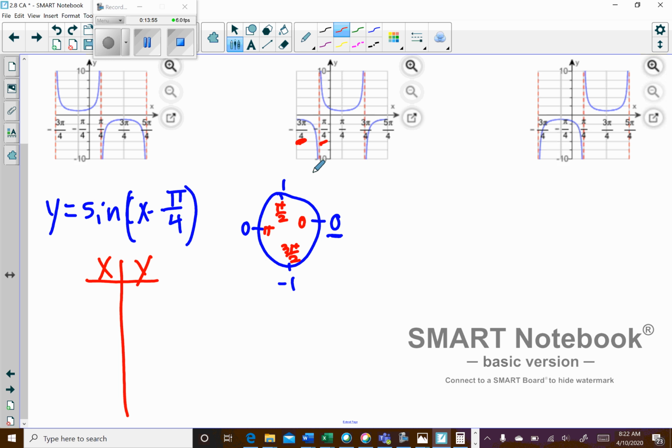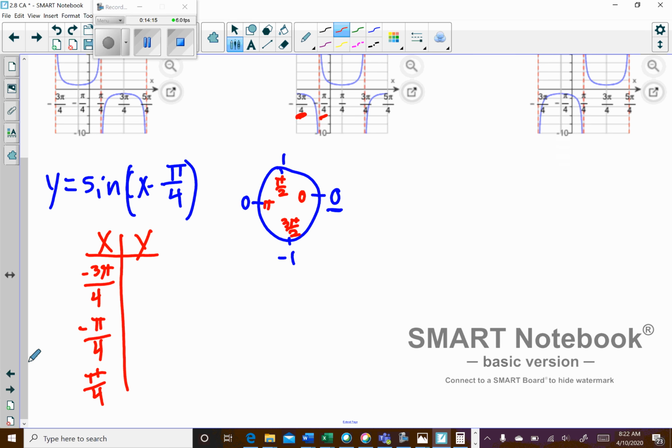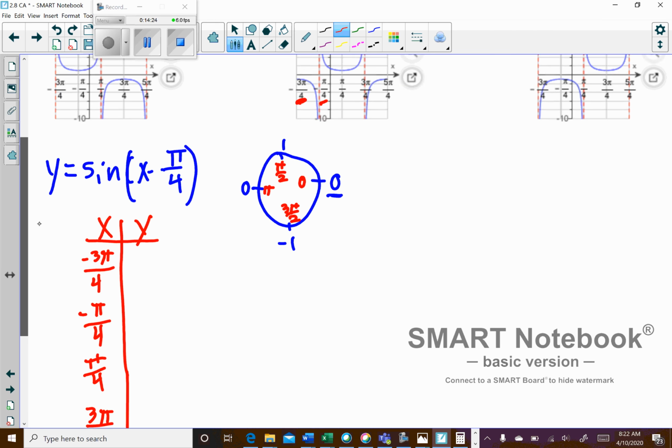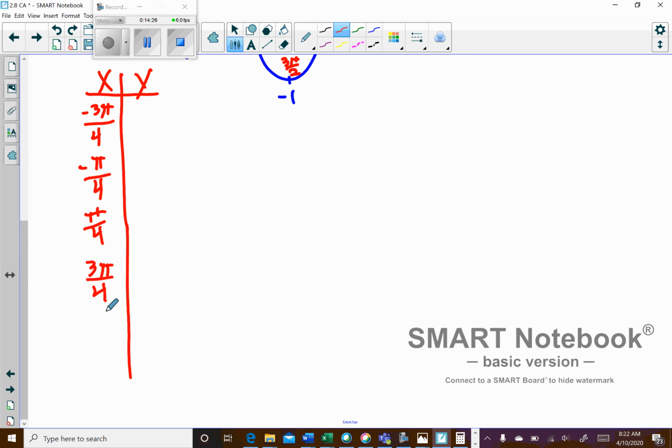So you might want to plug in -3 pi over 4, and we'll plug in negative pi over 4, and then positive pi over 4, and then positive 3 pi over 4, and then what was the last one? 5 pi over 4.